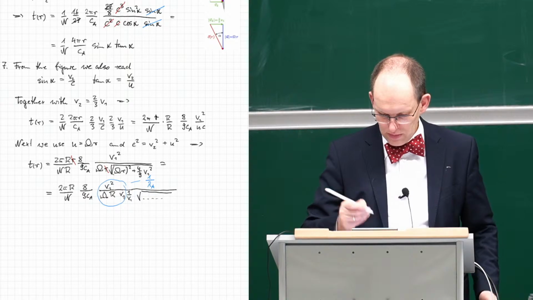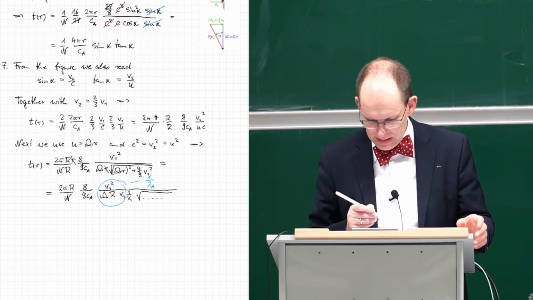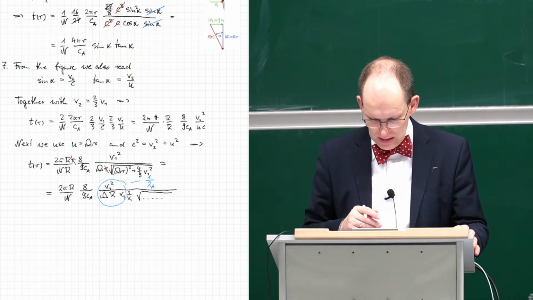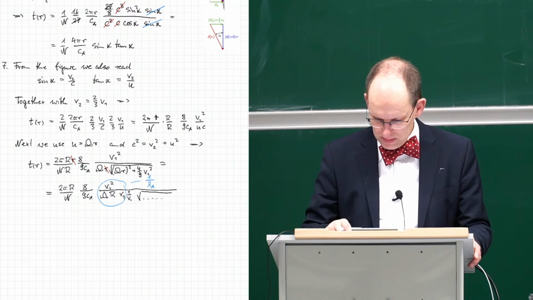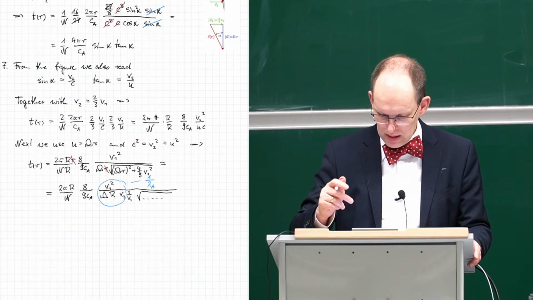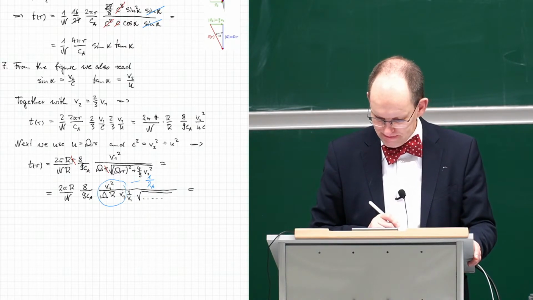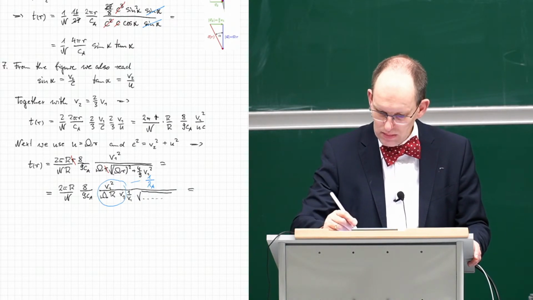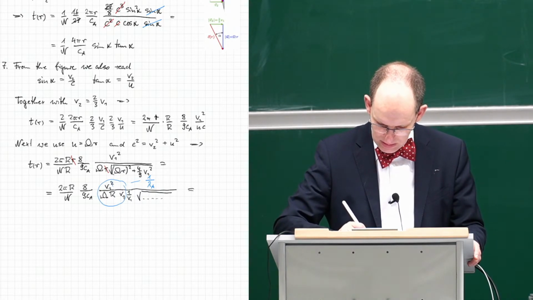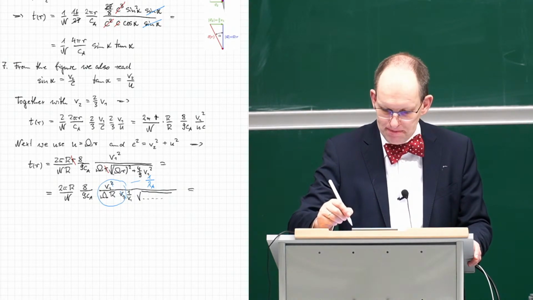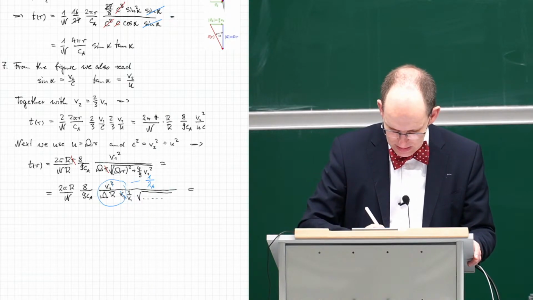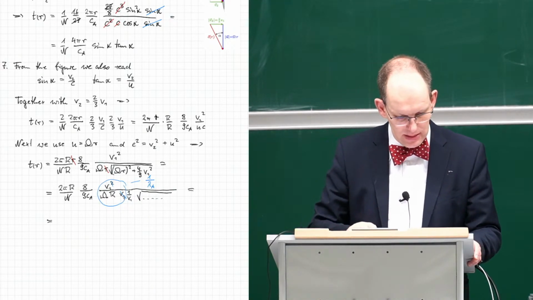So of course one V1 cancels, and then we have just V1 over omega R, the tip speed ratio. Okay, so we can do this here, right? So let us continue.